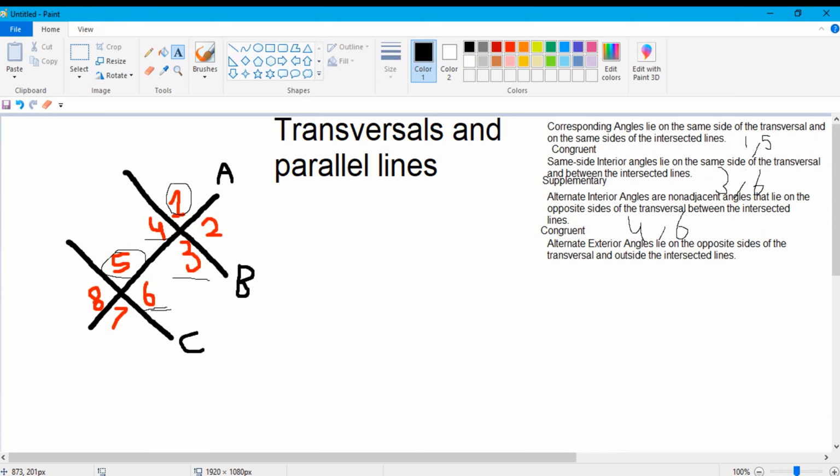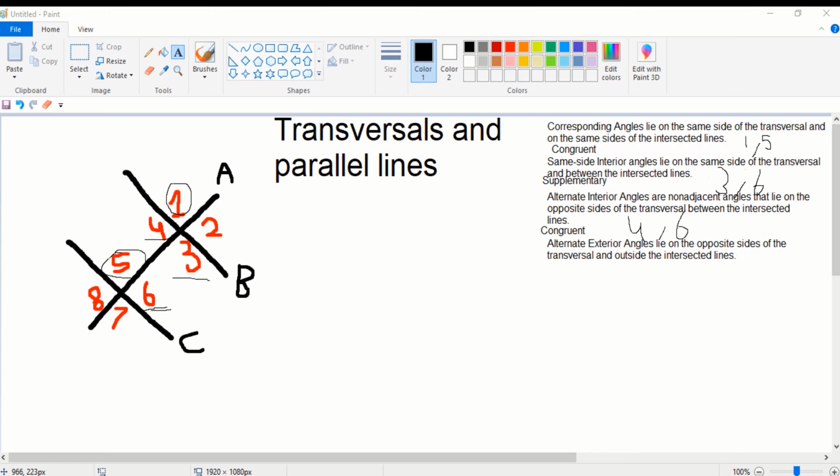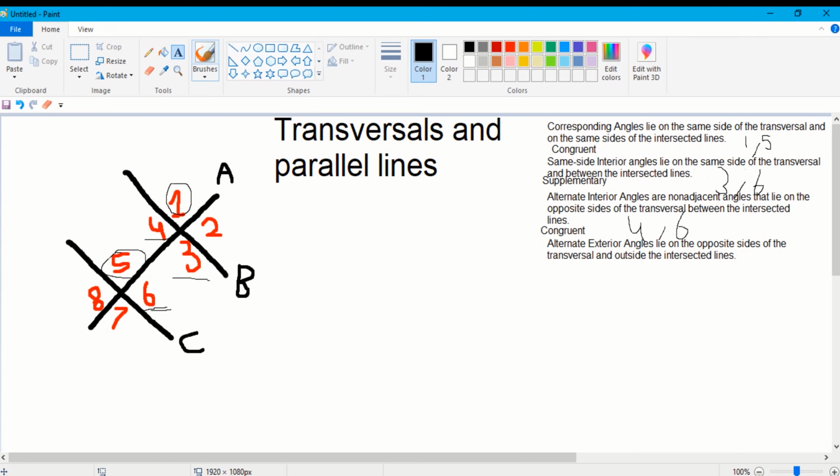And now for the last one, alternate exterior angles. Alternate exterior angles lie on the opposite sides of the transversal and outside the intersected lines. So, for example, angles 2 and 8 and 1 and 7 are alternate exterior angles.